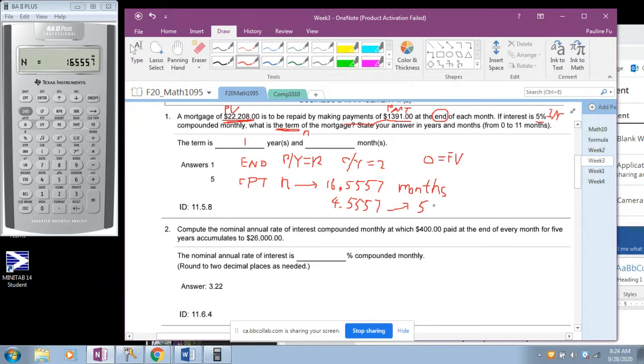This is 5 months. Even if it is, for example, 4.15, you round it up to 5 months. Okay. Any questions?